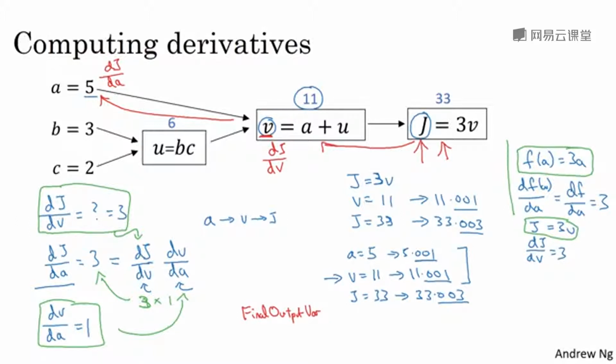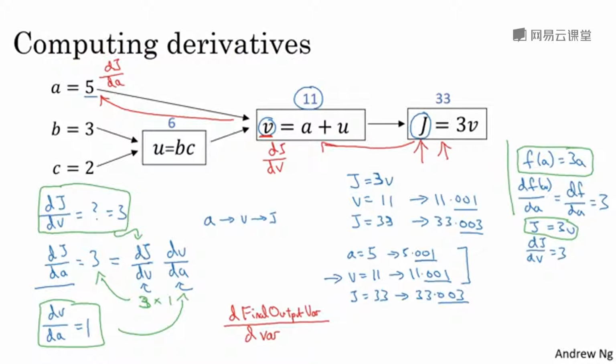So a lot of the computations will be trying to compute the derivative of that final output variable, d of this final output variable with respect to some other variable. Let me just call that d var. So a lot of the computations you have will be to compute the derivative of the final output variable, really j in this case, with various intermediate variables such as a, b, c, u, or v.